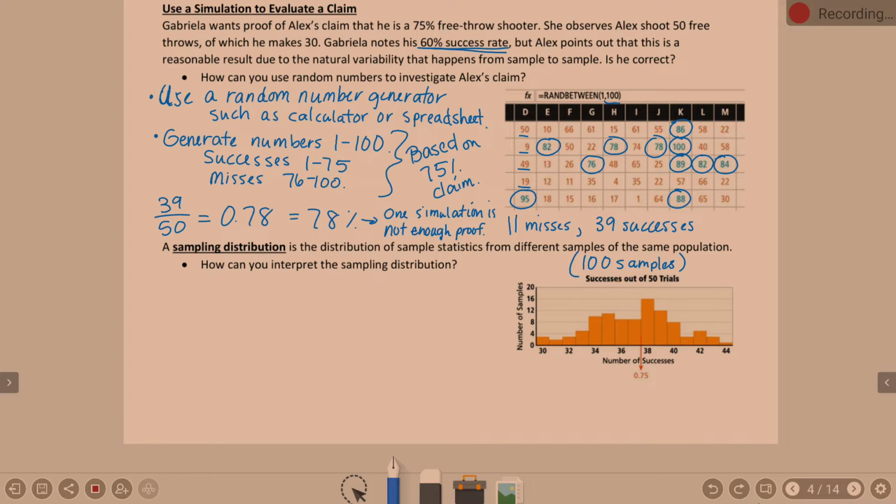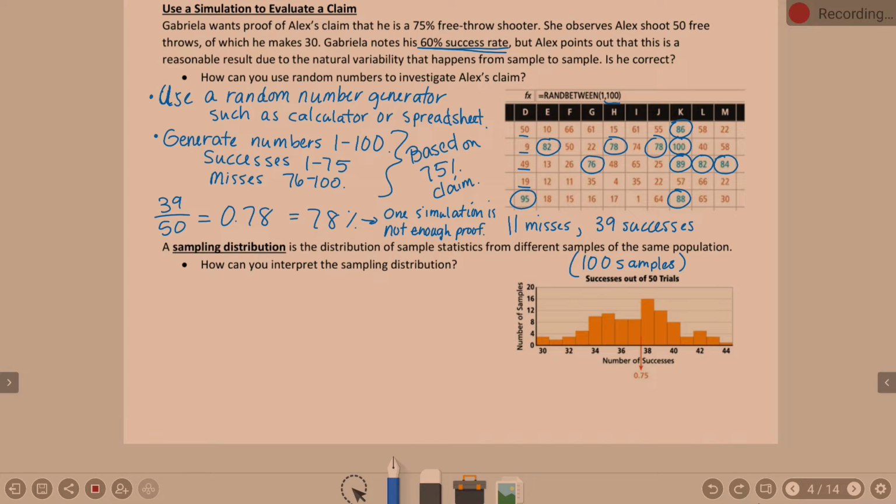He takes 50 shots at a time, or there's 50 shots generated at a time, I guess I should say. If you add the heights of all these bars up, this histogram represents this happening 100 different times. Okay, so 100 sets of 50.